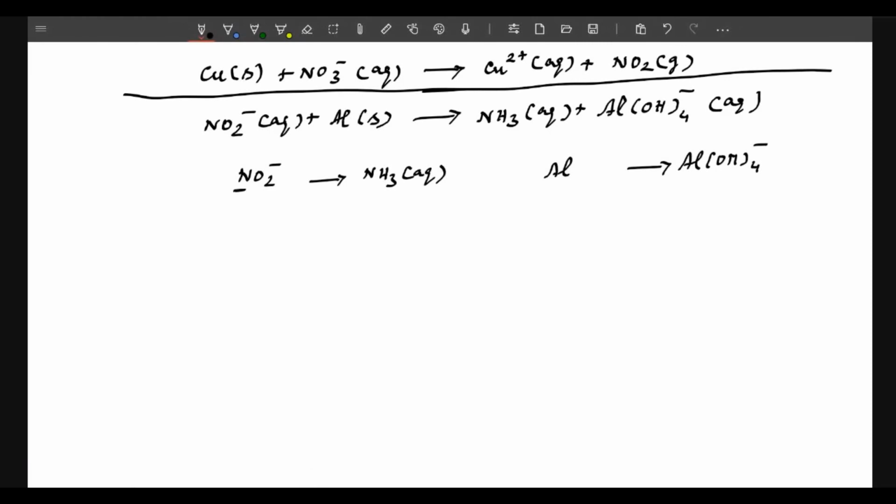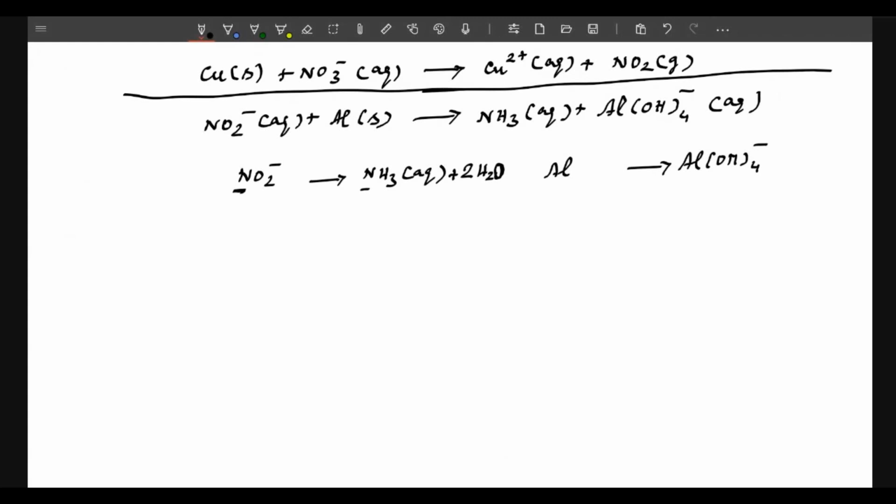Now balance this: nitrogen is 1, ammonia is also 1. Now we have balanced the species other than oxygen and hydrogen. Next step, balance the oxygen in terms of water, adding it to the appropriate side. Here 2 oxygens are present on the reactant side, but no oxygen on the product side. Therefore, add 2 water molecules on the product side.